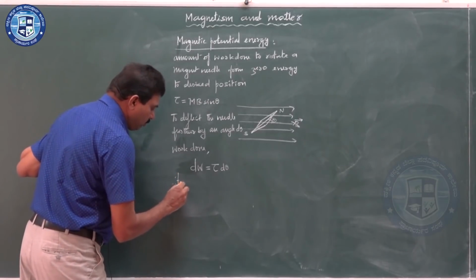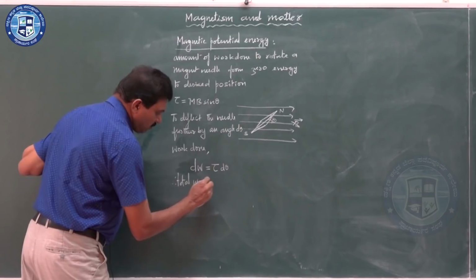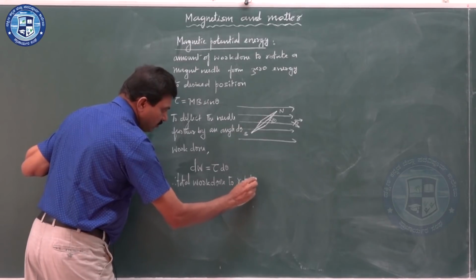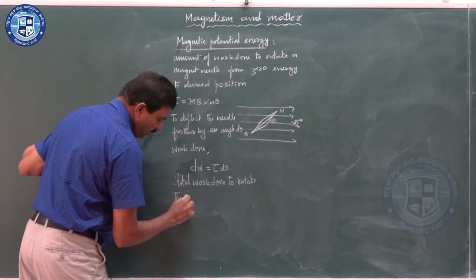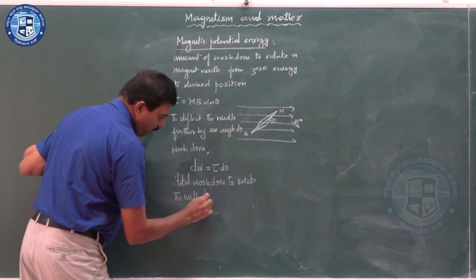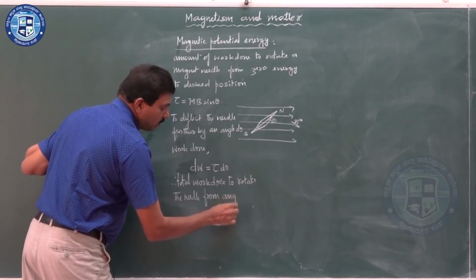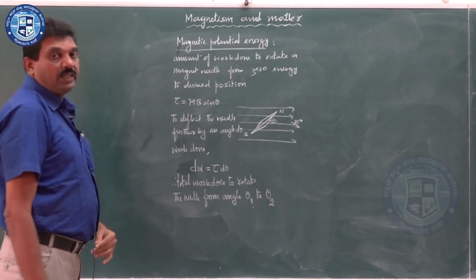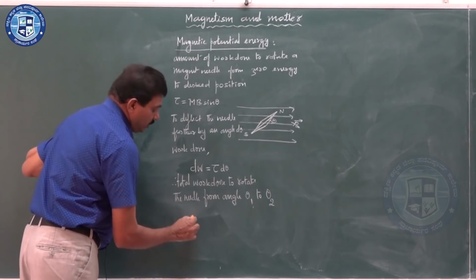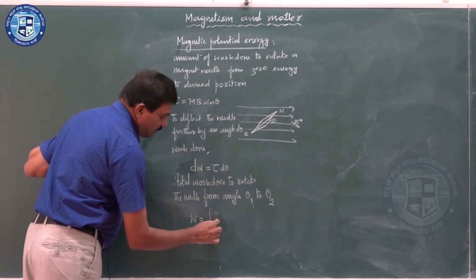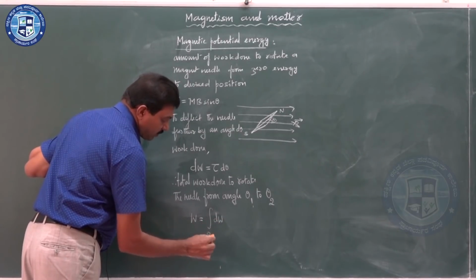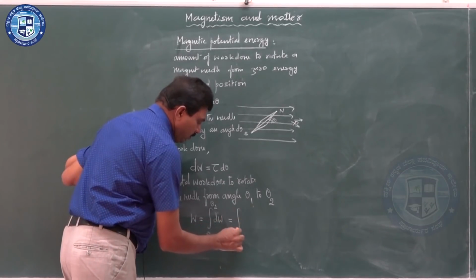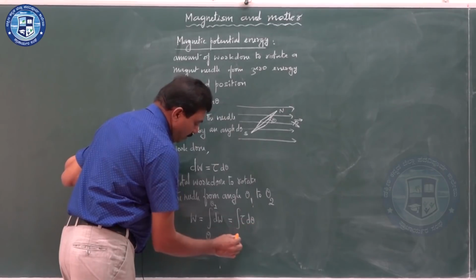Therefore total work done to rotate the needle from angle, say theta 1 to theta 2, some angles we will take theta 1 and theta 2. It will be W is equal to integration of dW, limits from theta 1 to theta 2. What is dW? dW is equal to torque into d theta.